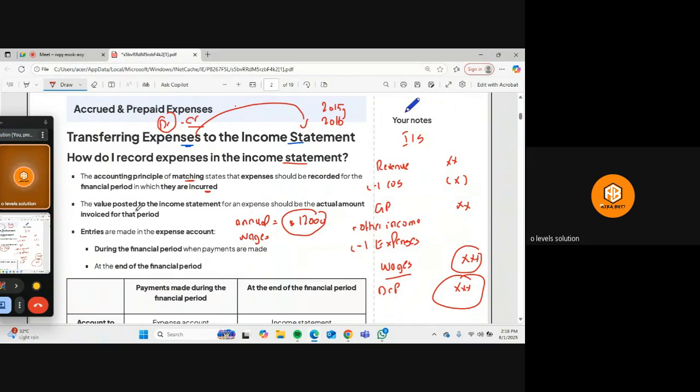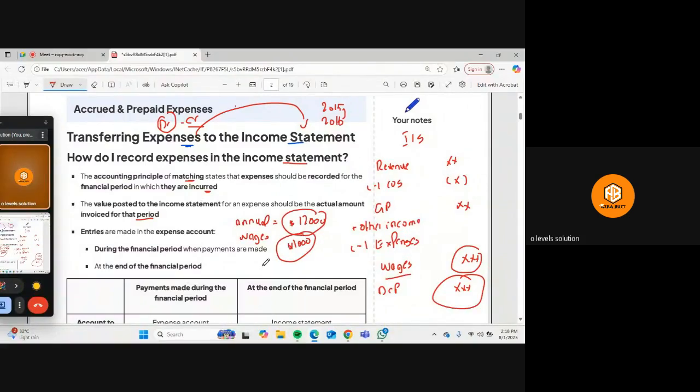The value posted to the income statement for an expense should be the actual amount invoiced for that period. Invoiced doesn't mean that we have paid. Let's say $12,000 is the annual wages, and I have paid my workers only 11,000. Only 11,000 paid.